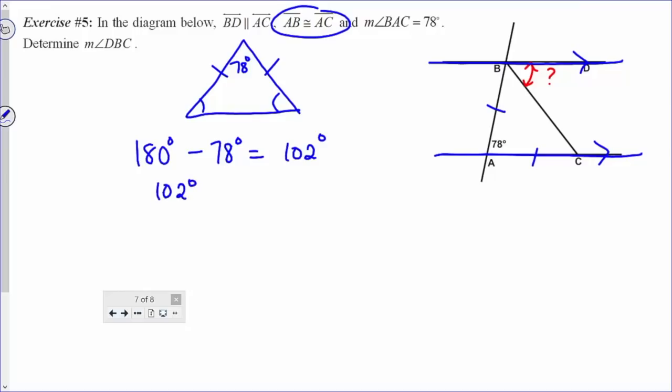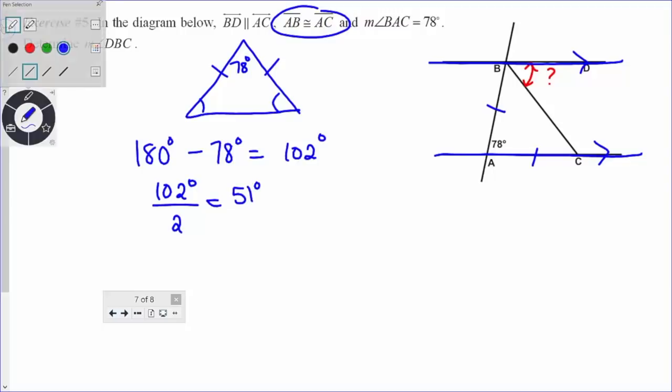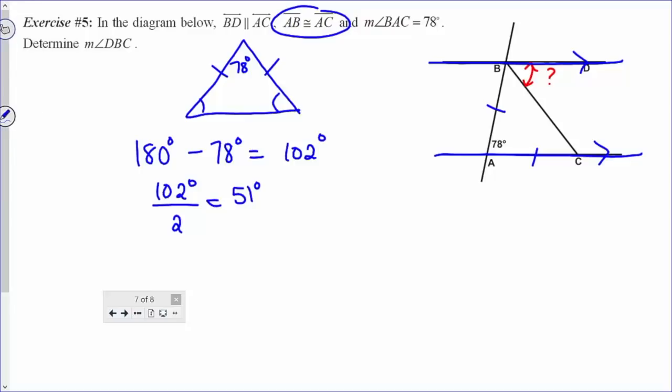So if I take 102 degrees and divide by 2, I'll find that each one of those angles is 51 degrees. All right, let me write those into my picture. This one is a 51 degree angle, and that one is a 51 degree angle.